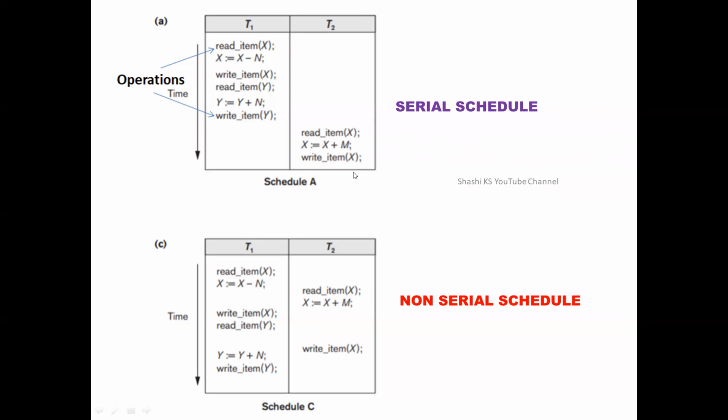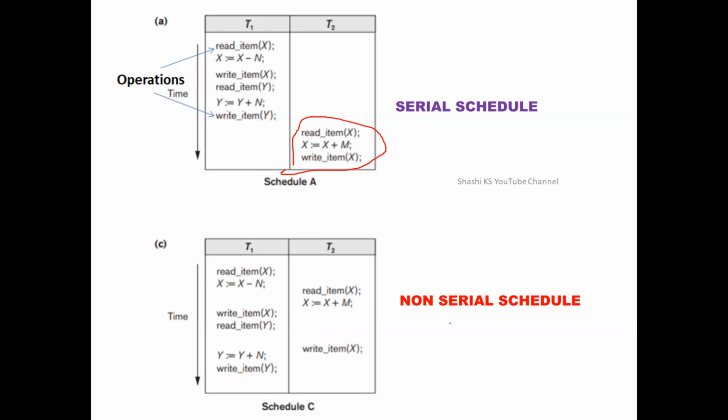A serial schedule means T2 starts after T1 finishes its execution completely, or T2 may start first and then, after all the operations of T2 finish, which are 3 operations in transaction T2, right? So after all these operations of transaction T2 get completed, then transaction T1 will start.